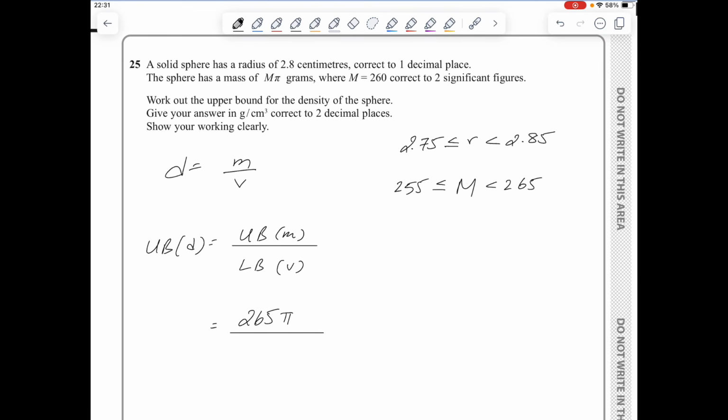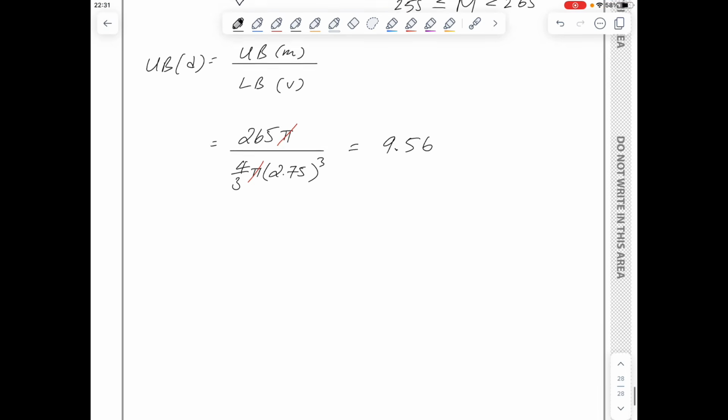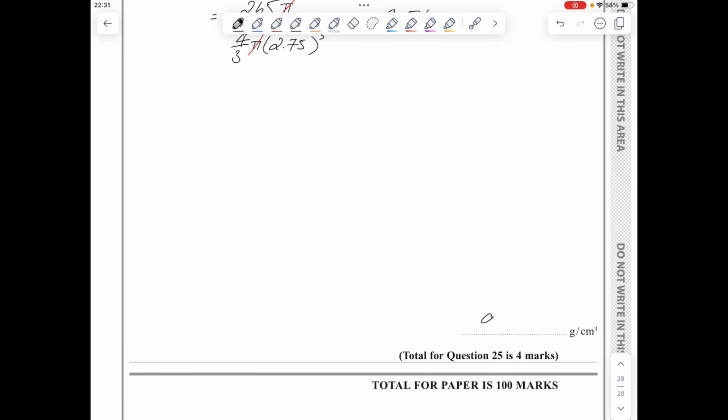The volume is given by the formula 4 over 3 pi r cubed, and since I want the lower bound of the volume, I'll use the lower bound of the radius, which is 2.75. I can cross out the pi's, put this on the calculator, and you will get 9.56 correct to two decimal places, and this is our final answer.